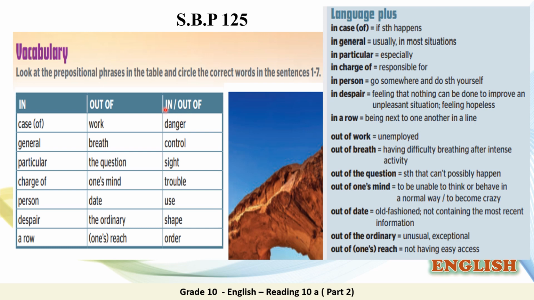So you can say in control, out of control. But this is not always the case. For example, you can say in person, but you can't say out of person. So we have here some words that you can use with in and form the opposite by using out of.